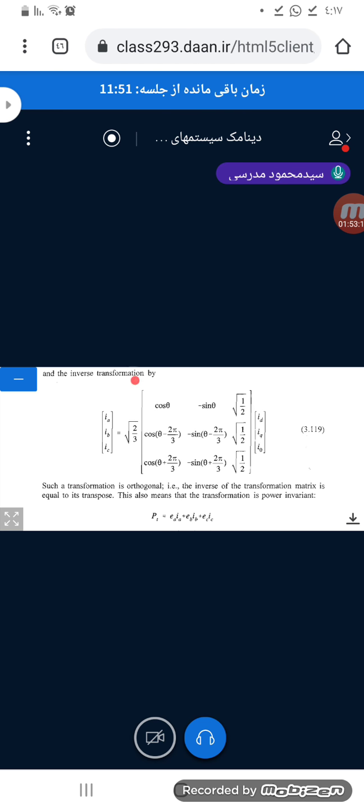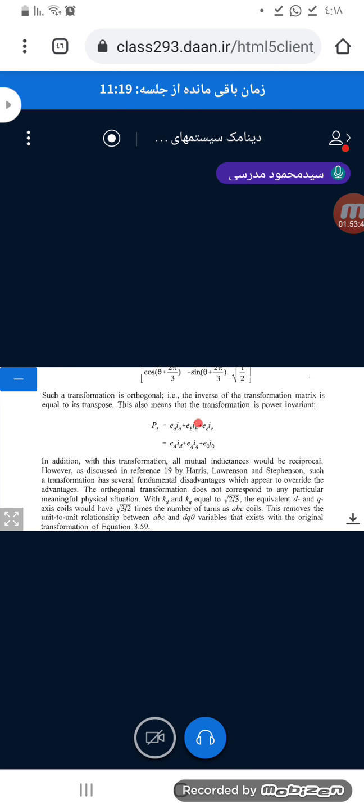And the inverse transformation is obtained by this equation. Such a transformation is orthogonal, i.e. the inverse of the transformation matrix is equal to its transpose. This also means that the transformation is power invariant.